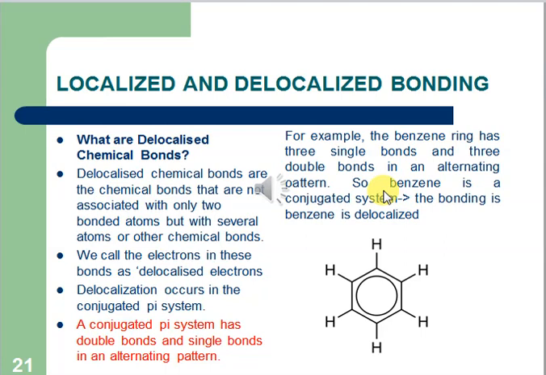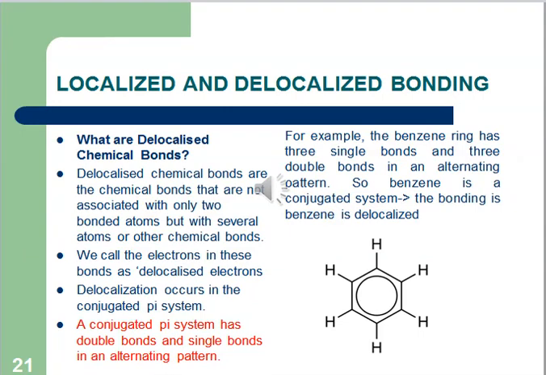You can see the benzene ring: the ring inside this benzene structure indicates that electrons are not fixed between these two atoms or those two atoms, but are part of all of these atoms. This indicates the delocalized electrons and the delocalized bonding. Delocalized bonding always exists when a system is conjugated.